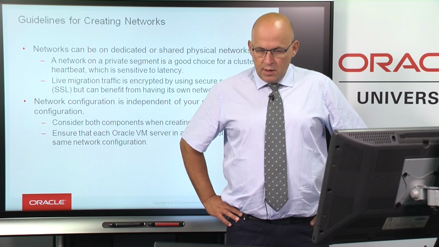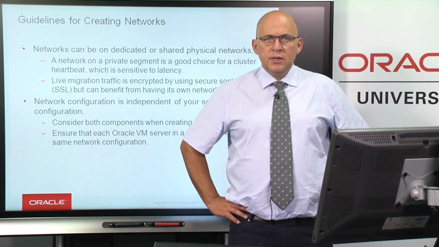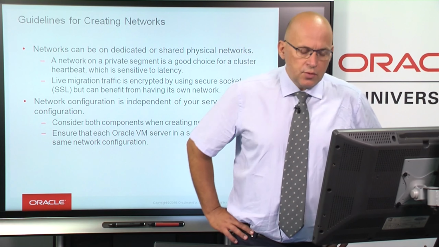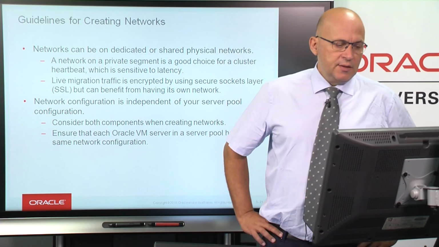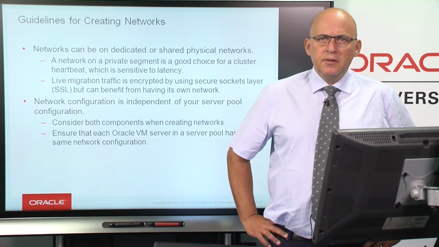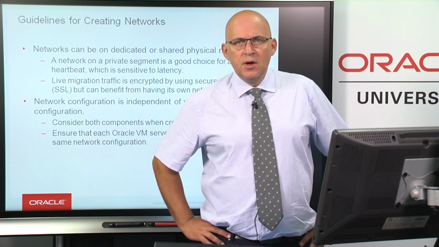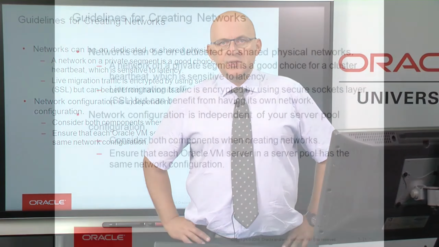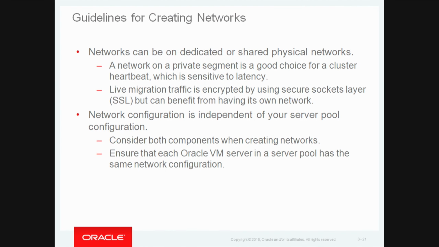So, guidelines about creating networks. According to your designs, networks can be dedicated or shared in these physical implementations. It's up to you to decide if you have a network on a private segment that can be used for a cluster heartbeat.